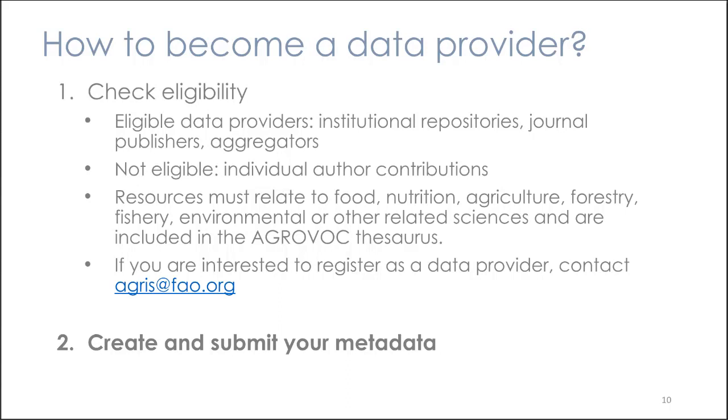And of course, the resources, or the metadata about the resources, that are submitted to AGRIS must relate to the AGRIS topics that I have listed before. Anybody who is interested in registering as a data provider, or in checking whether the eligibility requirements are fulfilled, can contact agris@fao.org and we will address that.